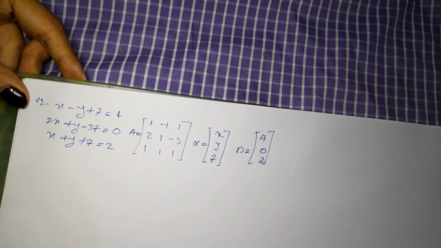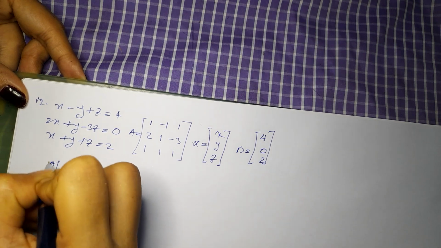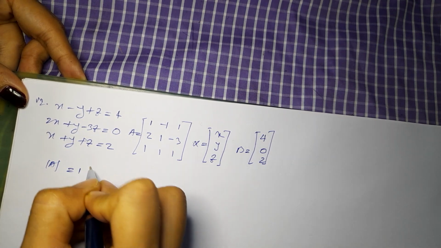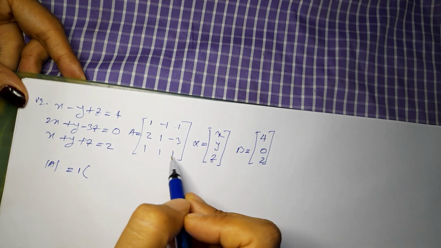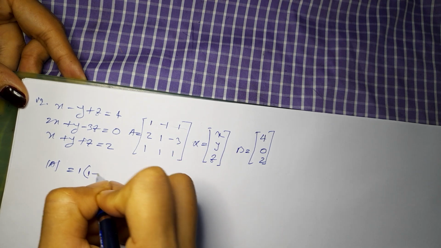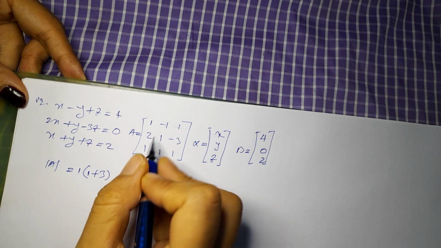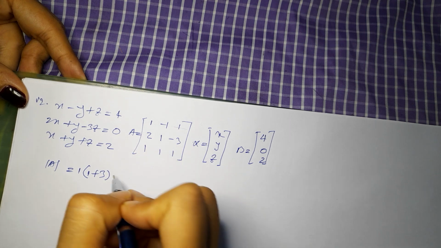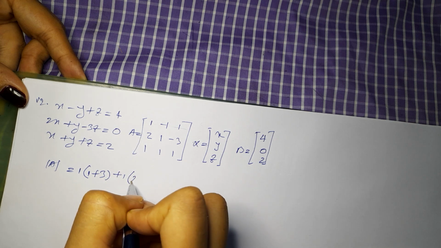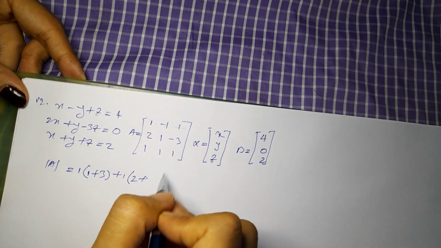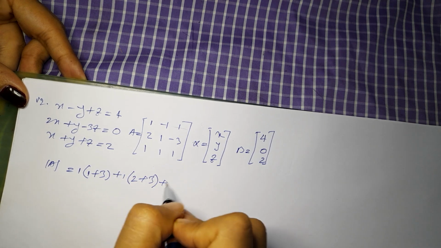And now we need the determinant of A. Determinant of A, along the first row: 1, eliminate this row and this column. So it will be 1 times, minus and minus become plus, so it will give 3 plus 1. Here minus from the formula, and it is minus, so it becomes plus 1. Eliminate this row and column: 2 plus 3 gives plus 1.